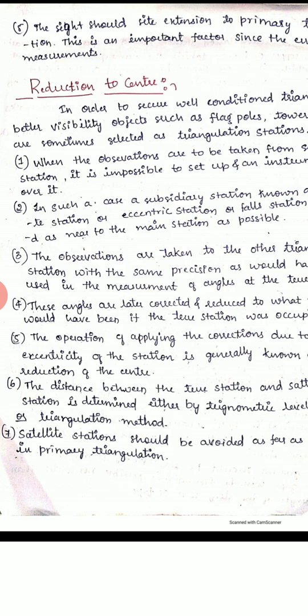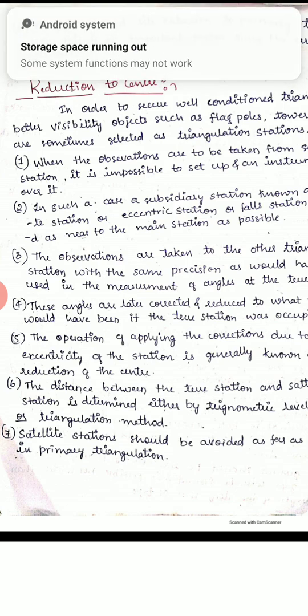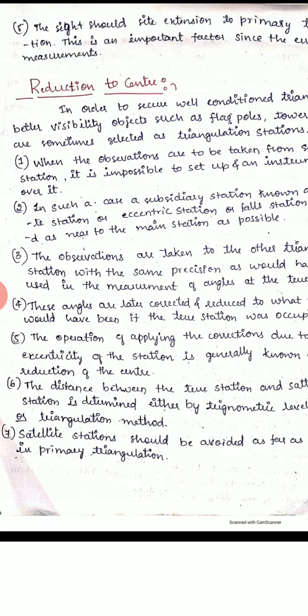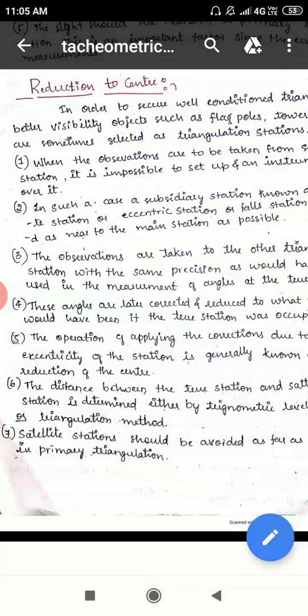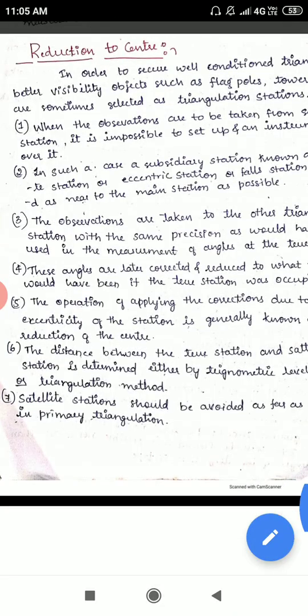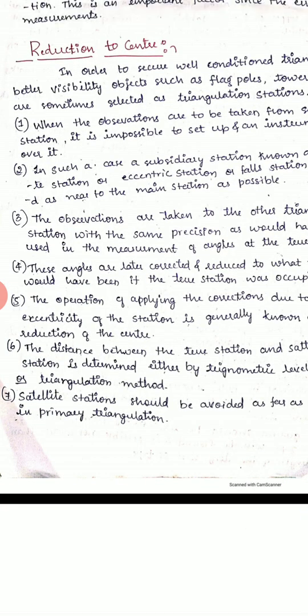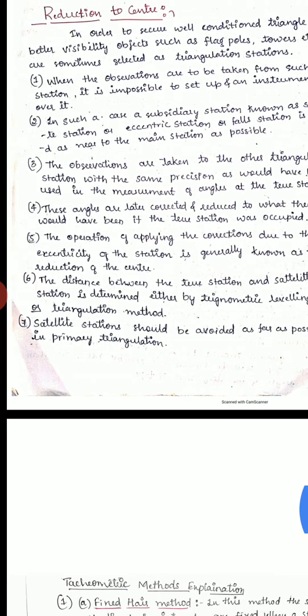If a station is the center and it is impossible to set up the instrument on that point, or inconvenient, then two observations are taken to the other triangulation stations with the same precision as should have been used in the measurement of the angles at the station.